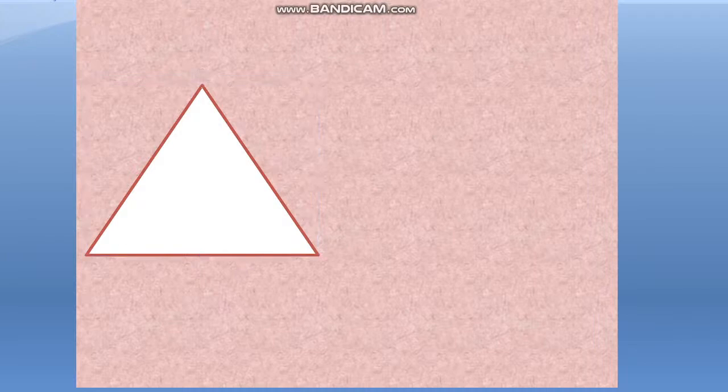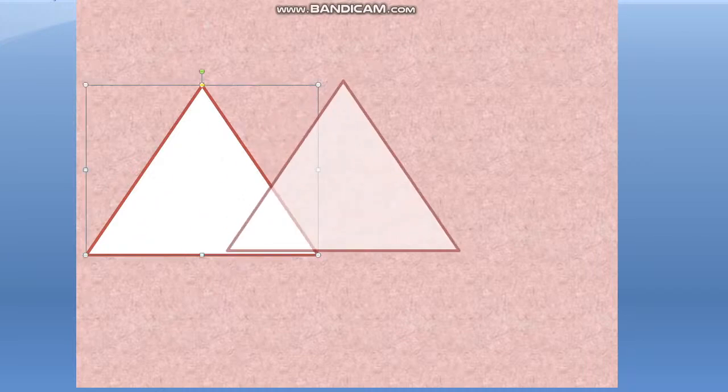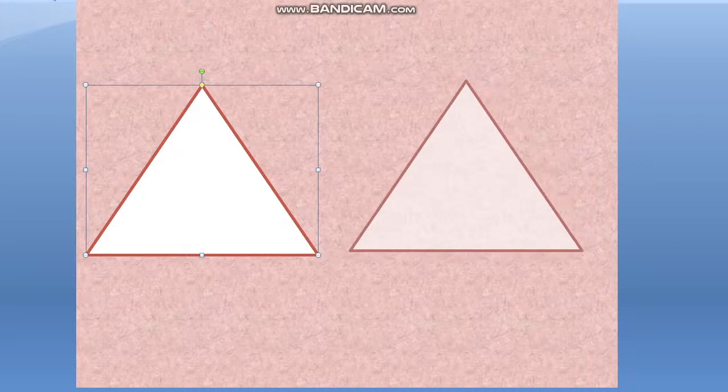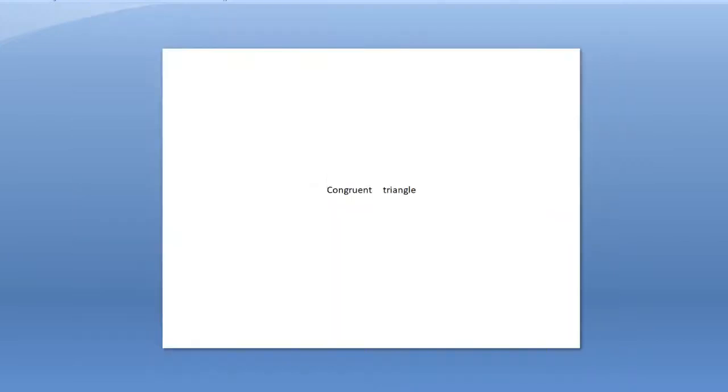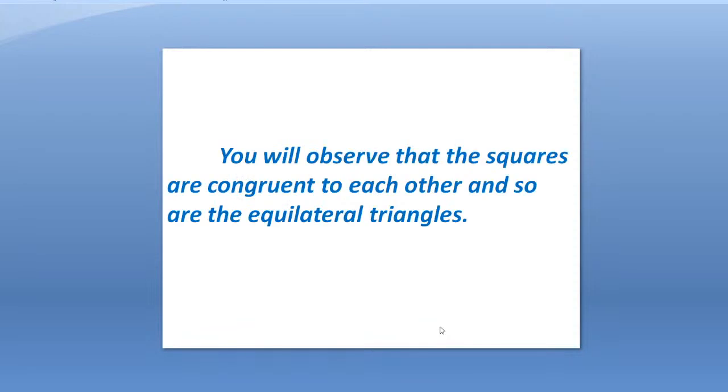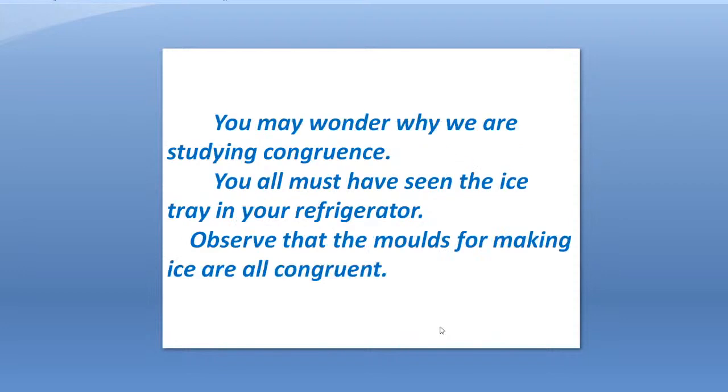Okay, now I think your concept is clear about congruence. So you will observe that the squares are congruent to each other, and so are the equilateral triangles.